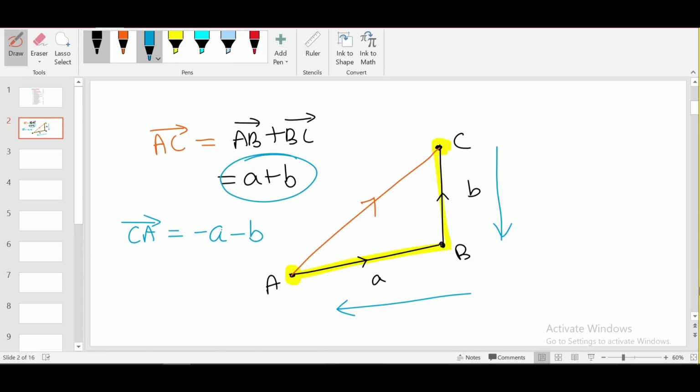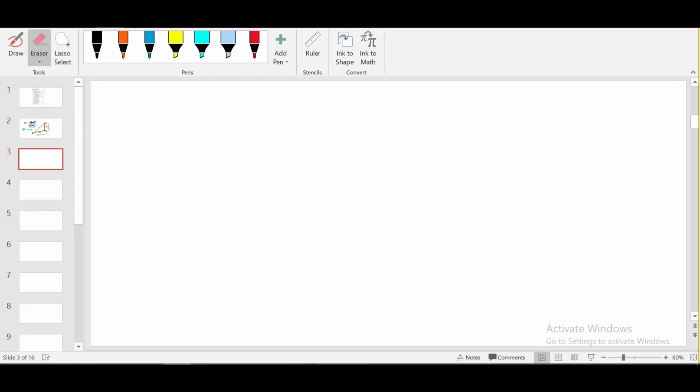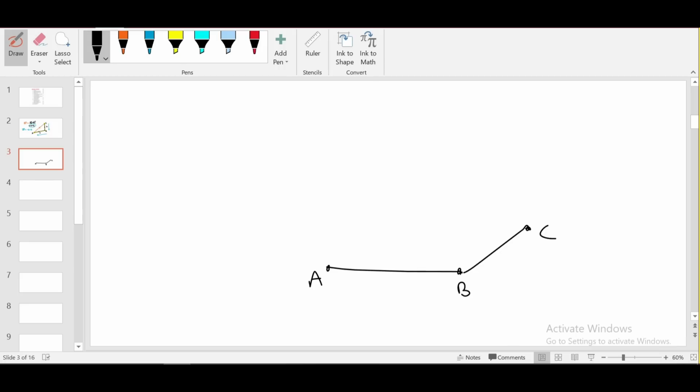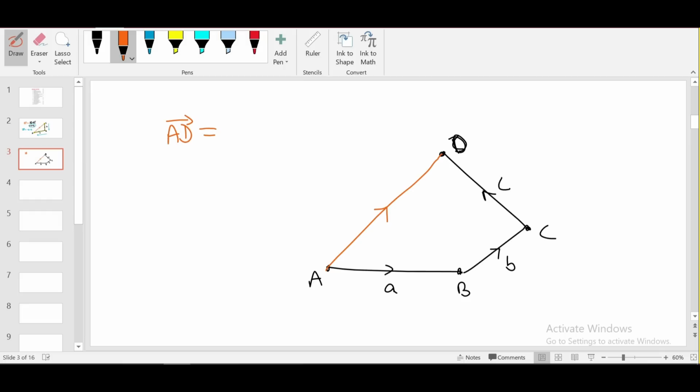So I want you to take note of it. And not only for a triangle, let's say you have vector AB, vector BC, and vector CD. This is A, this is B, this is C. If you want to find vector AD, you need to start from A and reach D, going through the known defined path.